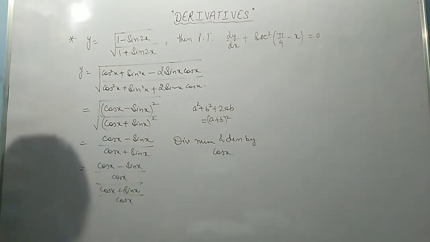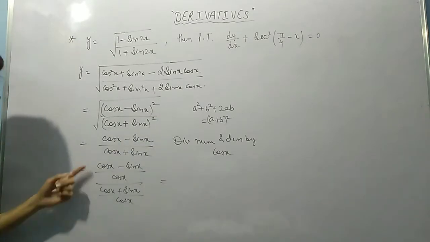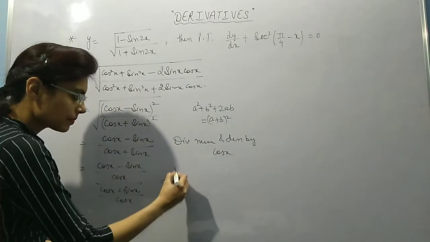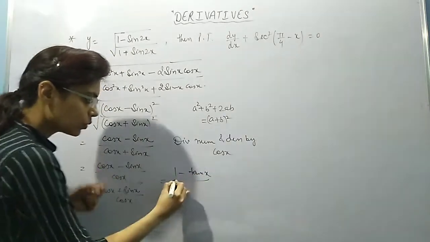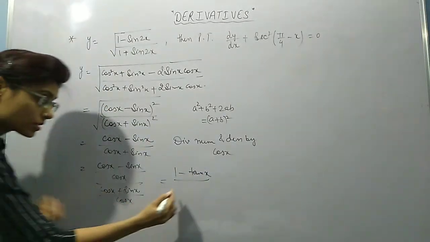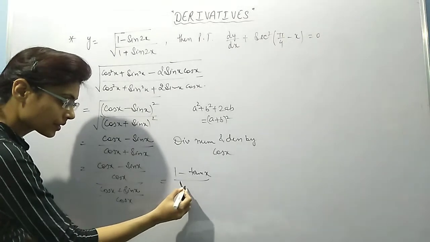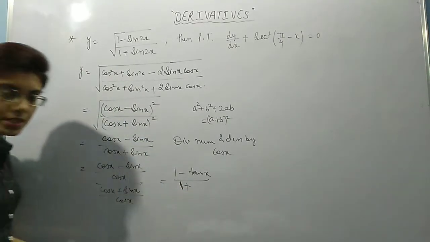Now simplifying, cos over cos is 1, minus sin over cos is tan x, over cos over cos is 1, plus sin over cos is tan x.